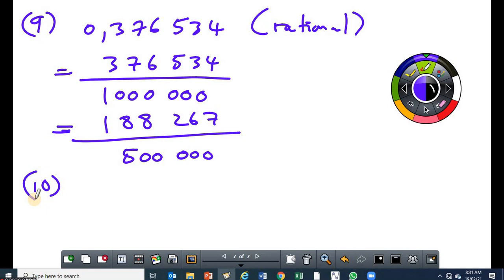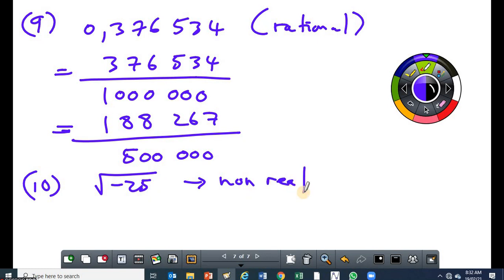Rational. From now on, you must know that it's neither irrational nor rational. It's not a real number. It's a non-real number. So, we just write that the square root of minus 25 is non-real.